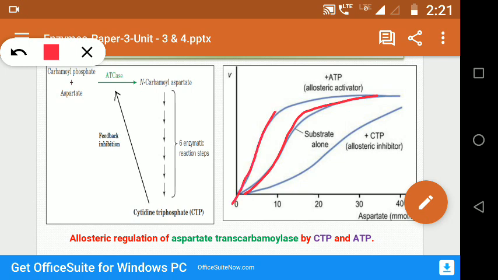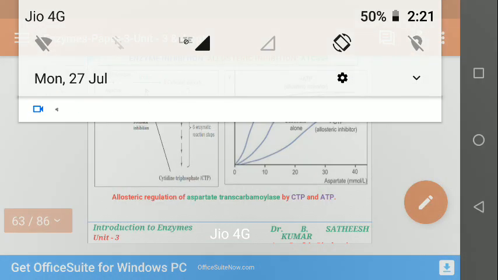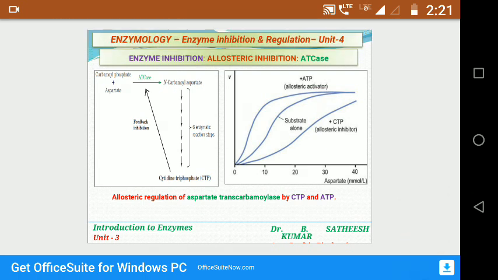If we add an excess amount of ATP, then the activity will be increased and it reaches Vmax. If we add CTP instead of ATP, then it acts as inhibitor and the activity will be decreased. So therefore, ATP is acting as activator and CTP is acting as inhibitor. So this is about the allosteric regulation.